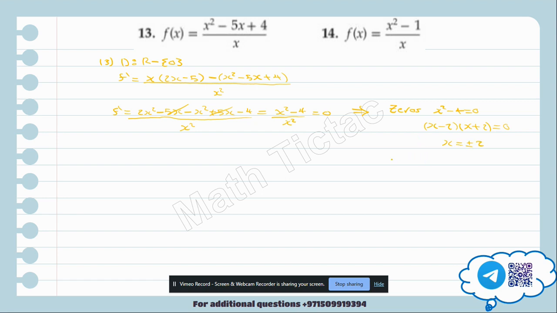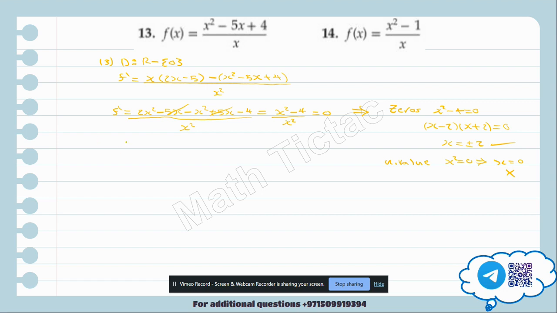From the denominator, the undefined value is x squared equals 0, which means x equals 0. Now positive and negative 2 will be accepted. x equal to 0 will be rejected because it's excluded from the original function's domain.